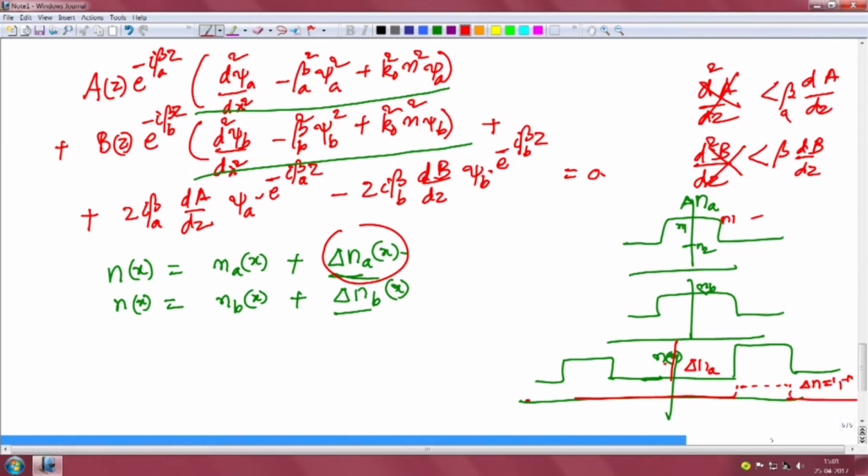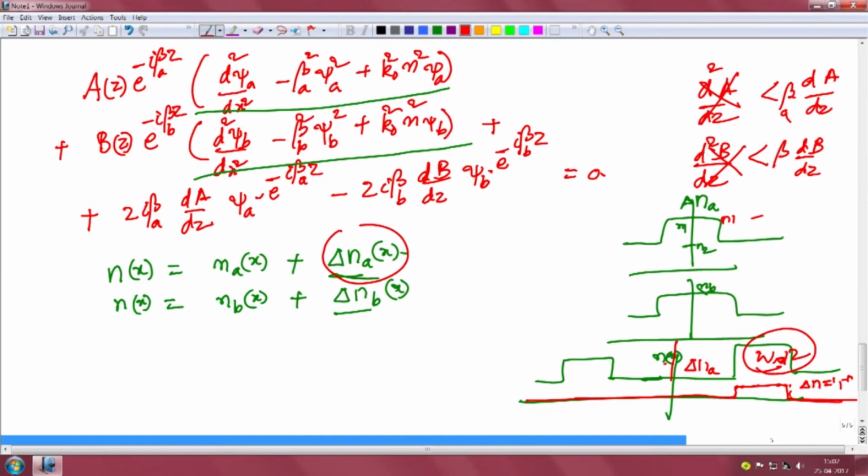So, the refractive index profile of delta n A will look like this. All over the place it is equal to 0, and only in the area of n B, the area of the second waveguide, there is a delta n value.